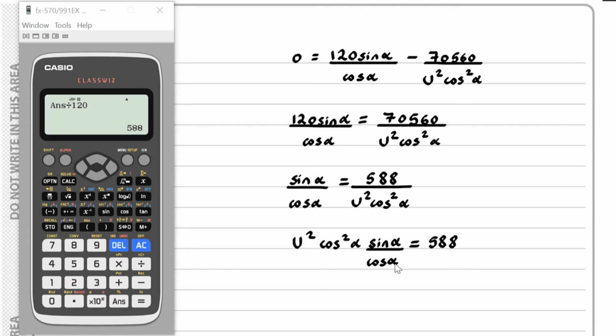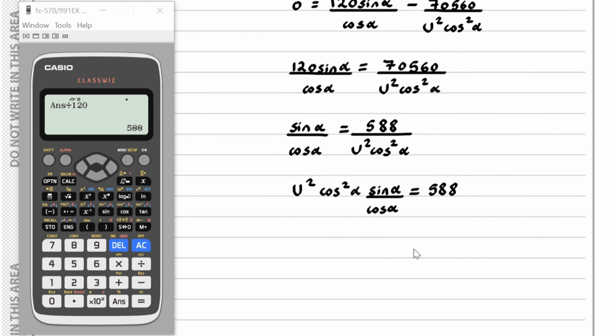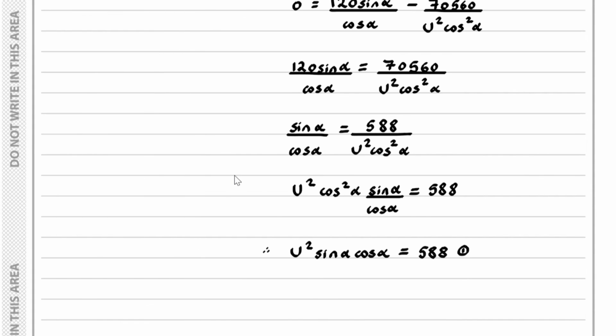And with the cos squared and the cos simplifying to just cos, what we can therefore conclude is u squared multiplied by sine alpha cos alpha is equal to 588, and we'll call this equation 1, just in case we need it later on.